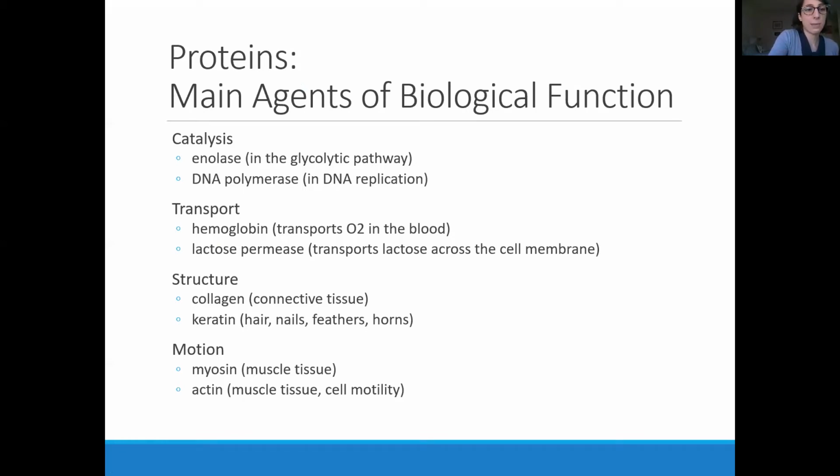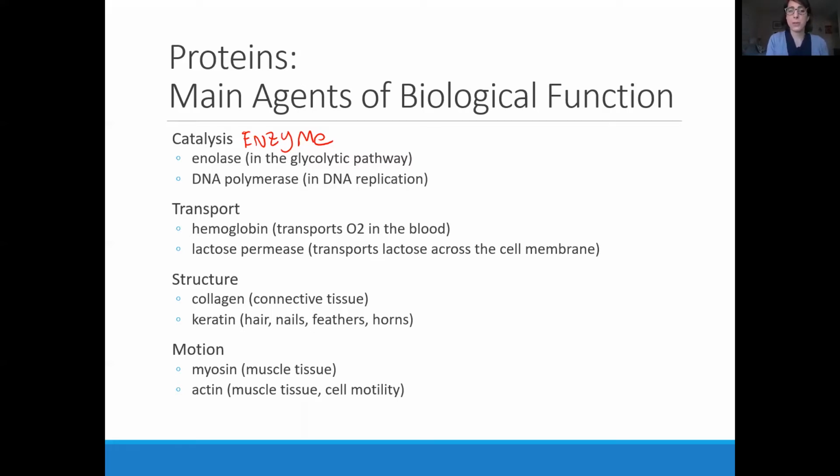The other name for this type of protein is an enzyme. Examples of this are enolase and DNA polymerase. DNA polymerase is very important for the replication of DNA.